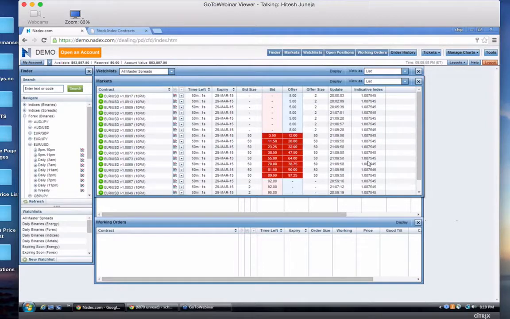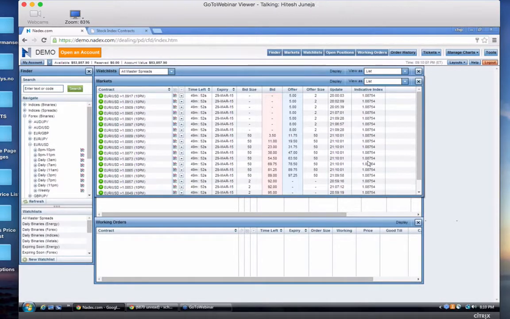You say, I'm going to trade with $100 or $50 or $10 or $1,000, whatever your trade size is, and you have a fixed payout. If you are right, whether you say it's going to go up or down, you're going to get a fixed payout each time.